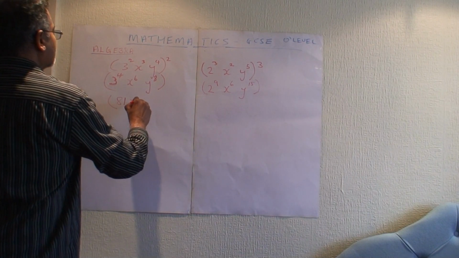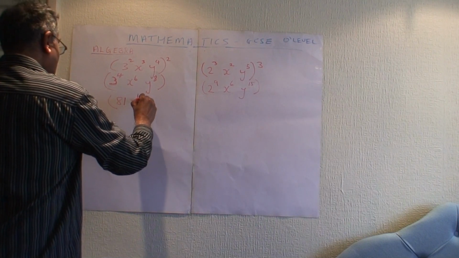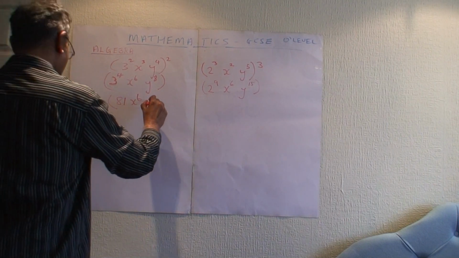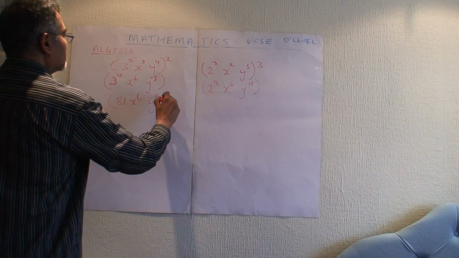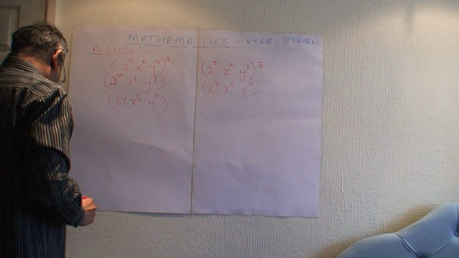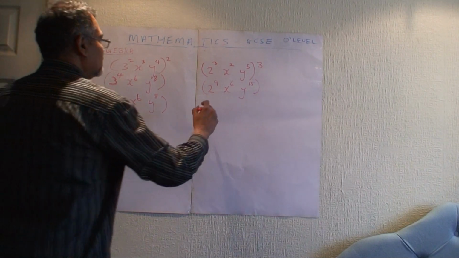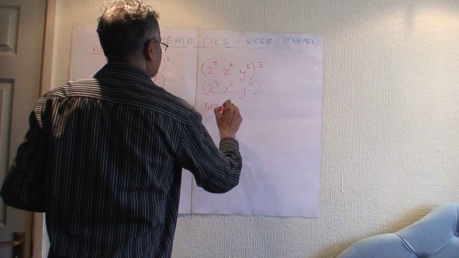Alright, you have to bring down this 6x, bring down this one. Alright. To the power of 9 is 512.